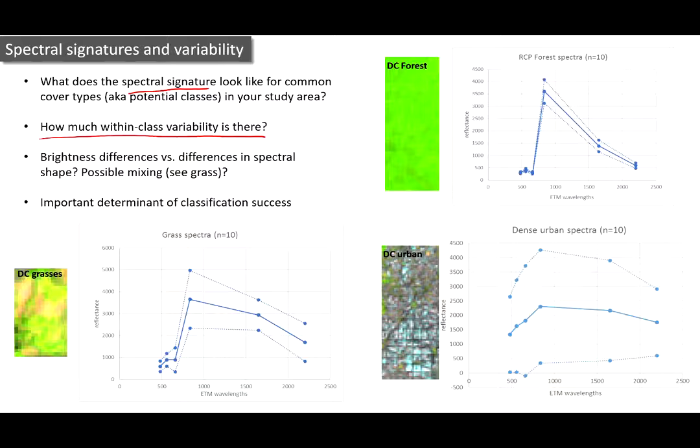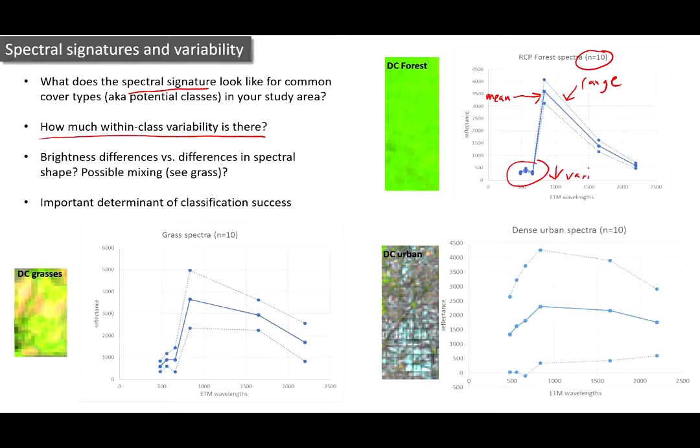You're seeing the mean spectrum and the range for 10 forest pixels. Particularly down here, you see that the variability within these 10 forested pixels for red, green, and blue is quite low.